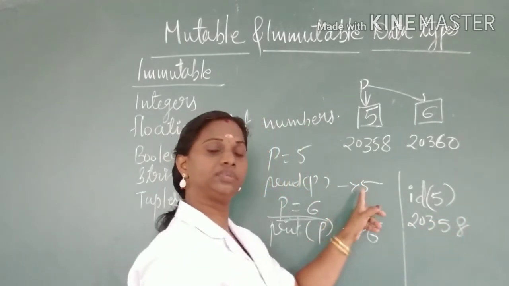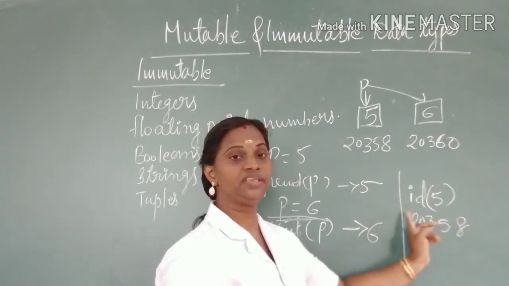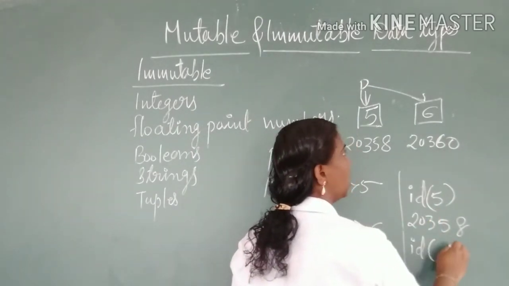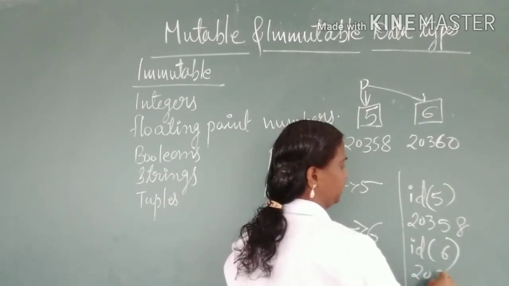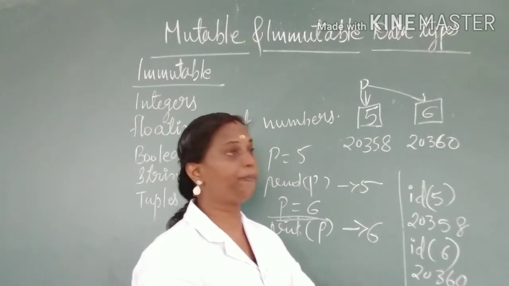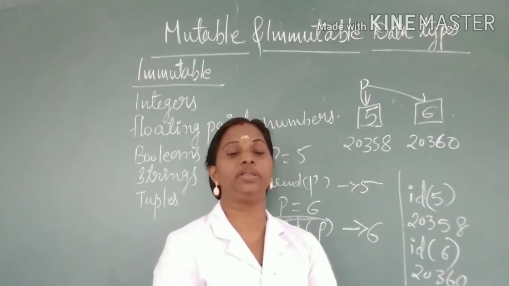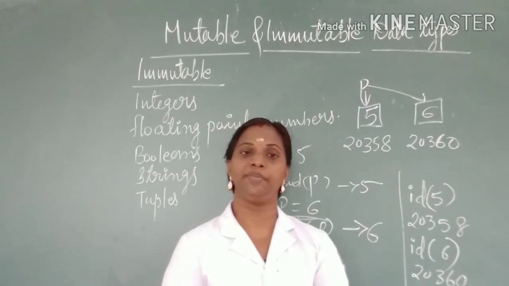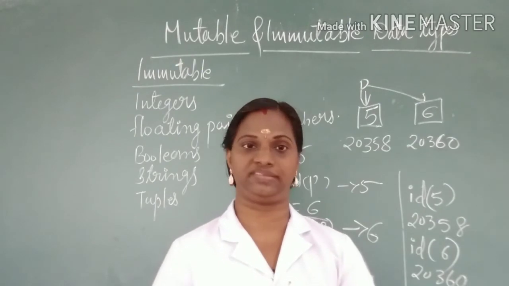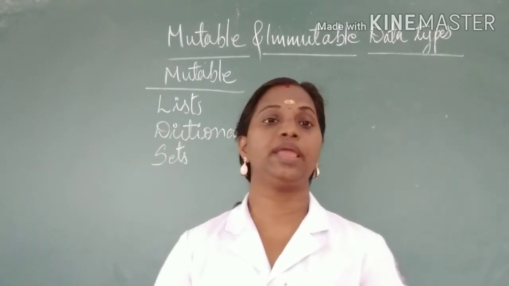After executing this set of statements, when you type id of 5, you still get 20358, and id of 6 you will get 20360. Then id of p will give this one. That means the memory location still holds the same value. There is no change. Immutable data types are those that cannot change their values in place. Clear?